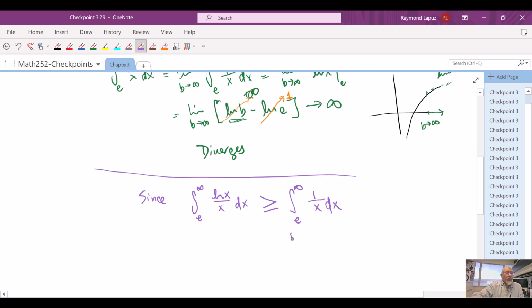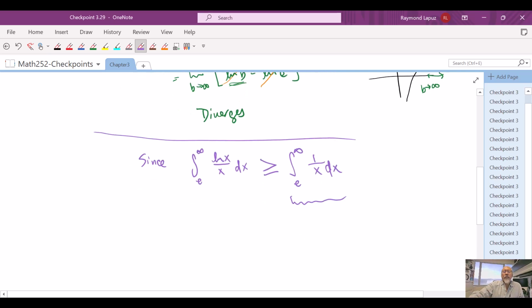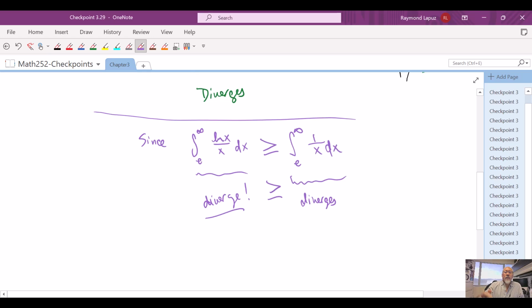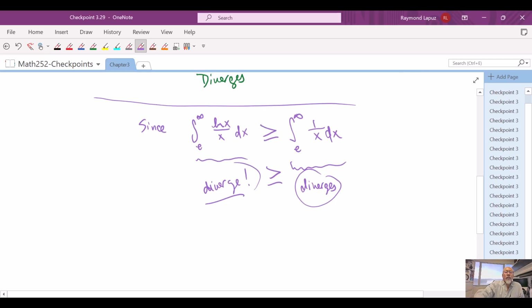And we just showed that this thing diverges. And we have something that is bigger than that, so this thing will also diverge. Right? Because we have something that diverges, and we're comparing something bigger than that, and so this thing also has to diverge. So therefore, we can say that the integral from e to infinity of ln x over x dx also diverges.